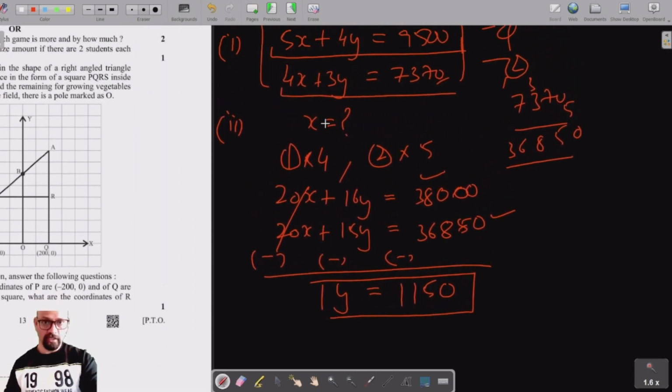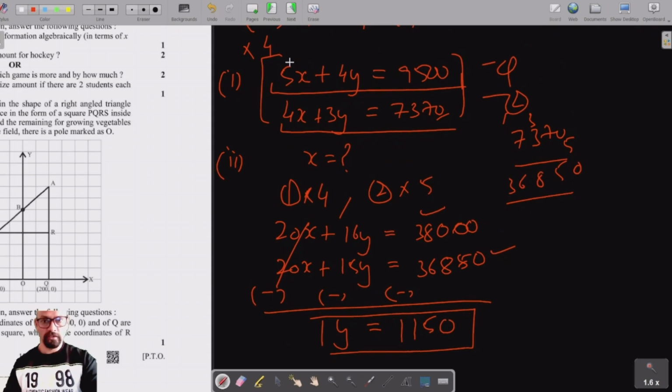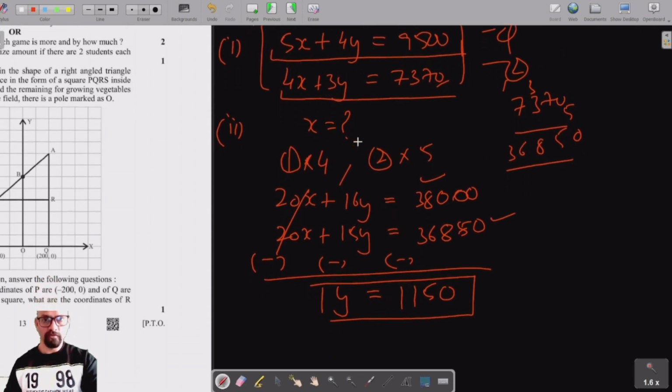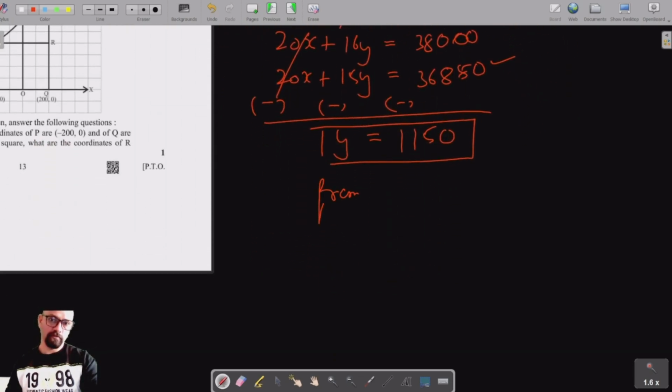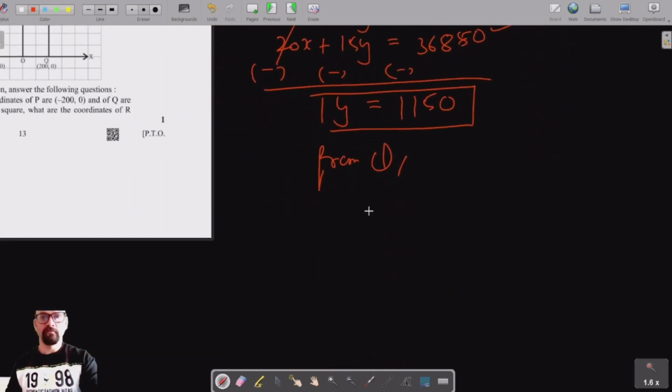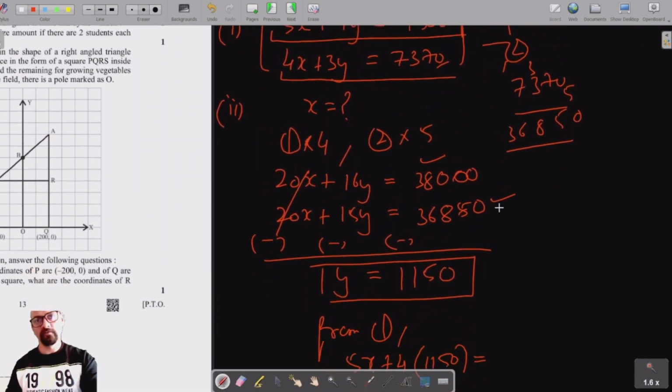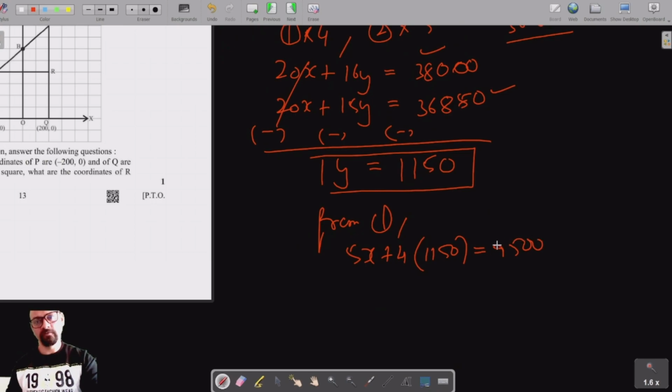So to find x, let's use the first equation. From the first, 5x plus 4 into 1150 is equal to 9500.